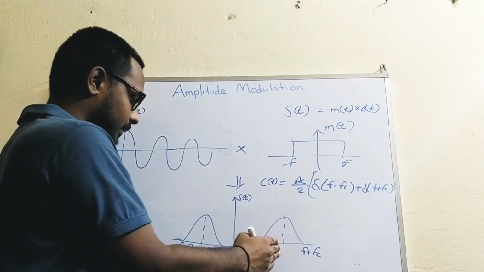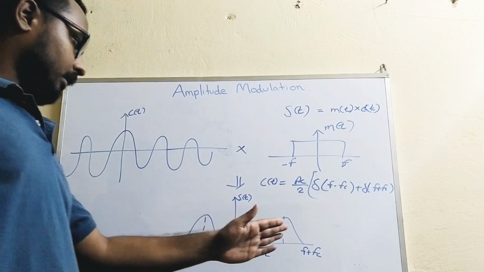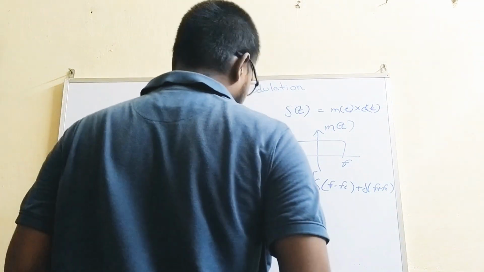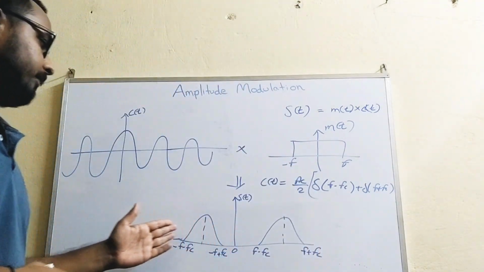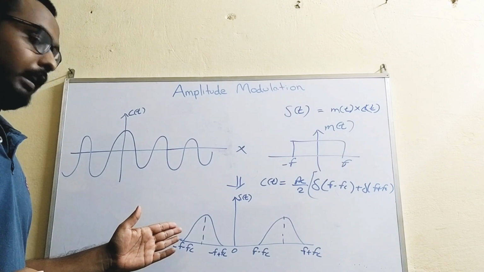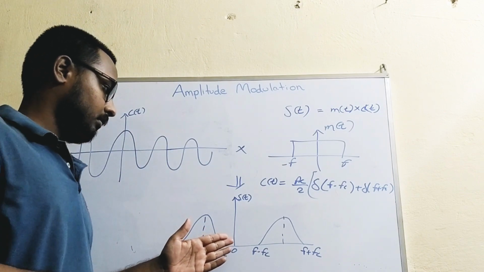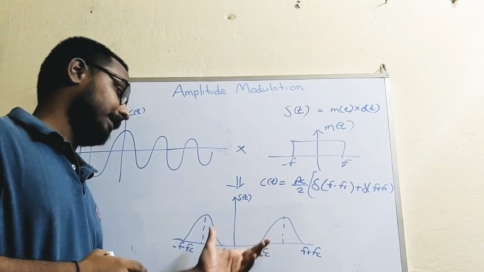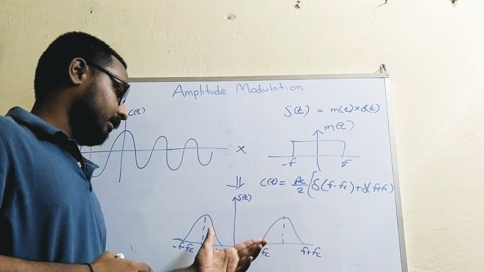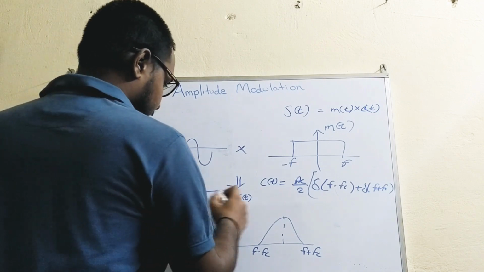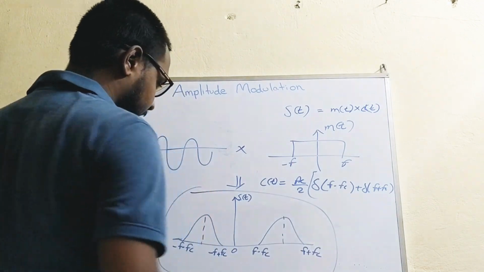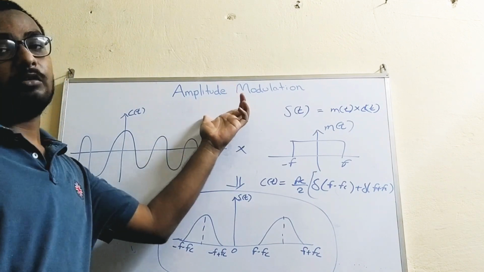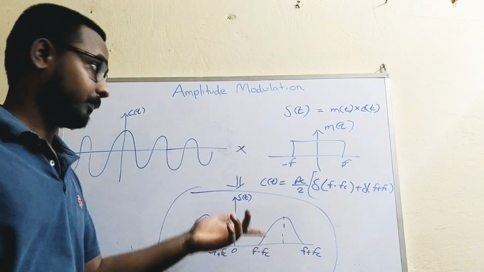This is the sideband. This is the upper sideband, and this is the lower sideband. As we know, 99% of the information is stored in the sidebands only, and this is a very important figure, guys, because with the help of this picture we can divide amplitude modulation into four different types.